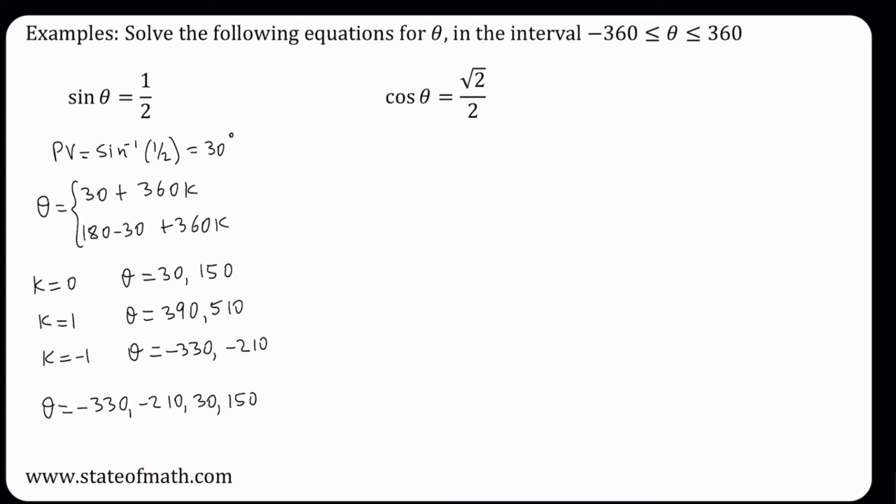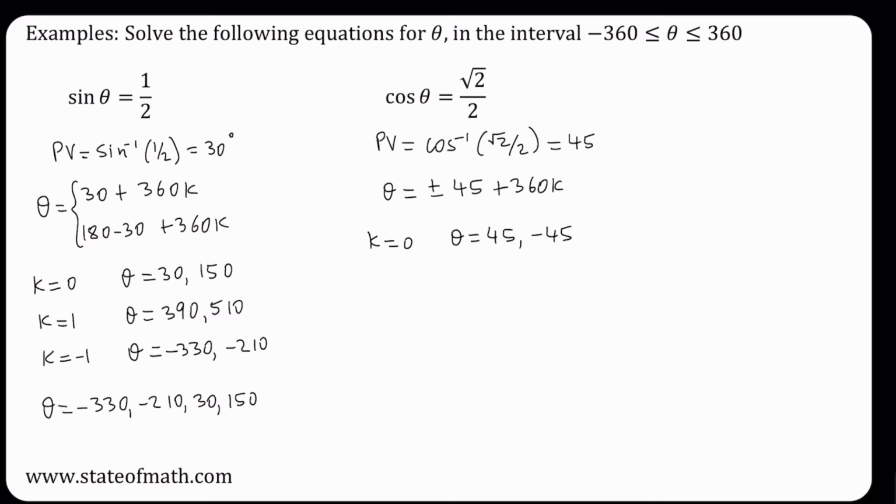The second example is on solving cos theta is root 2 over 2. And again, I will start by saying my PV will be shift cos of root 2 over 2, which gives me an answer of 45 degrees. So theta is going to be plus minus the PV of 45 plus 360k. So if I put k to be 0, I get theta is 45 and minus 45. If I put k to be 1, I get theta to be 405 or 315.